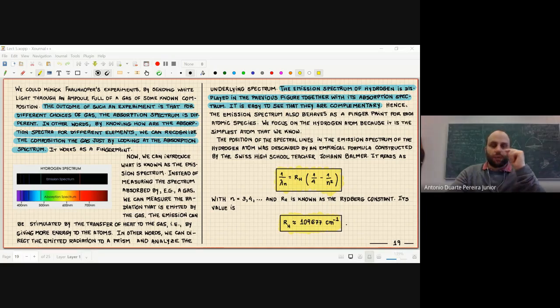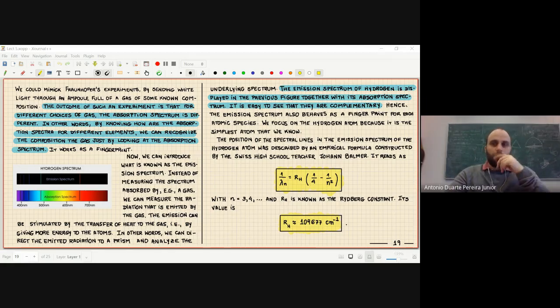And we discussed that this is due to the fact that in the solar atmosphere, there are some atomic species that will absorb these colors, and therefore, when the radiation comes to the Earth, these colors will be missing, and we are not going to see them in the spectral decomposition.